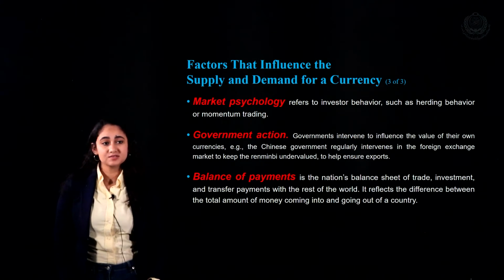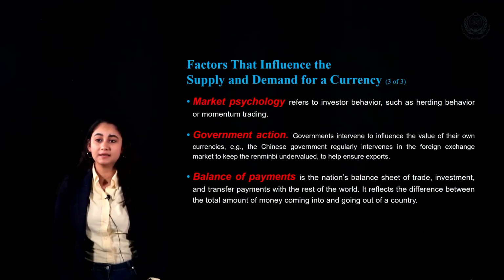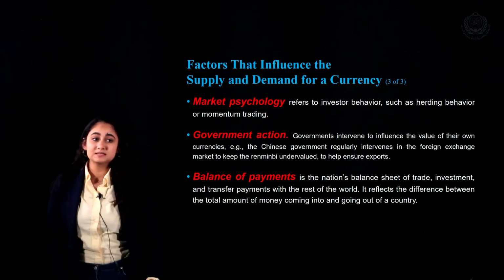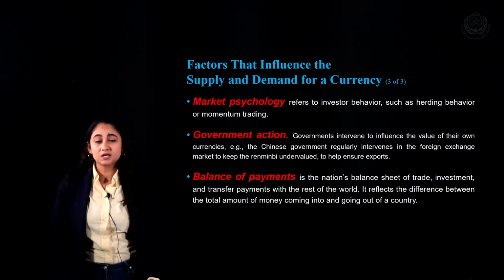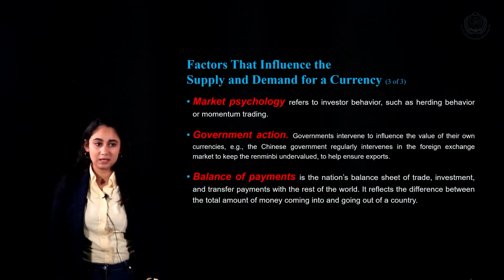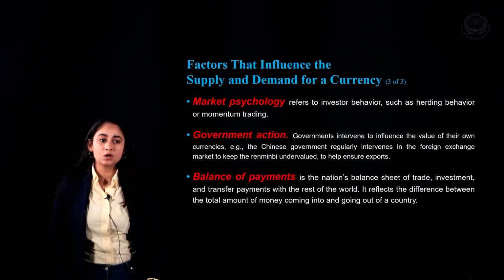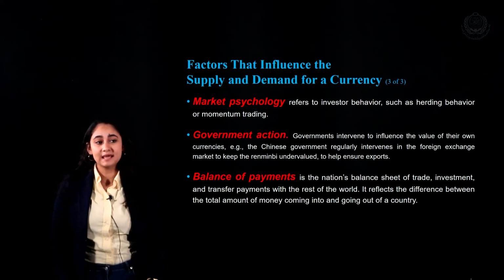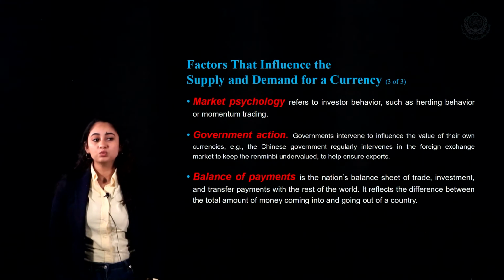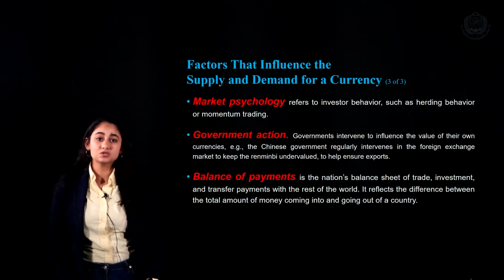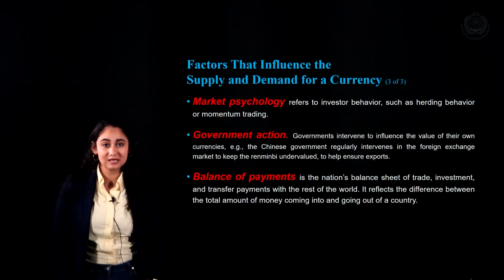Now, other factors that I have to take into consideration that could also influence the supply and demand for currencies are market psychology, government actions, and the balance of payments. Market psychology refers to investment behavior, such as herding behavior or momentum trading. What is meant by herding behavior is the way investors react to certain trends.